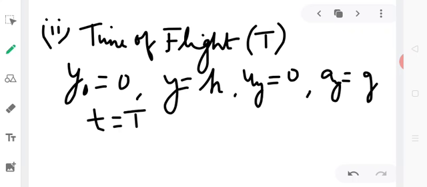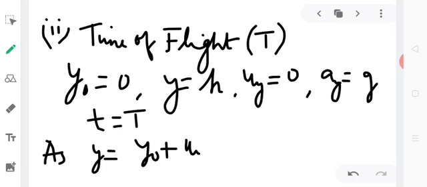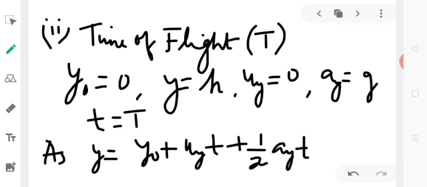So again we can write down with these assumptions as y is equal to y0 plus uyt plus half ayt square.